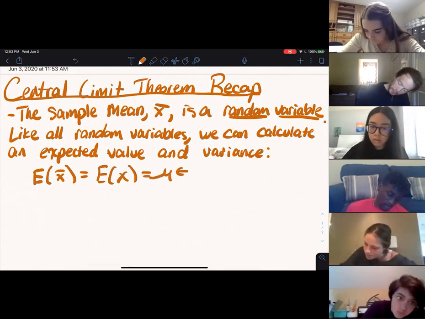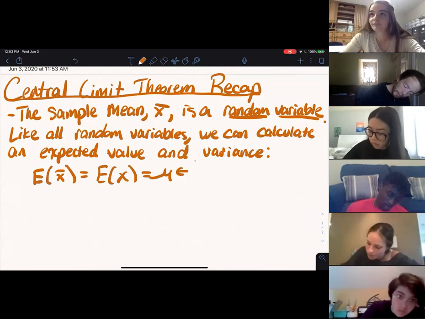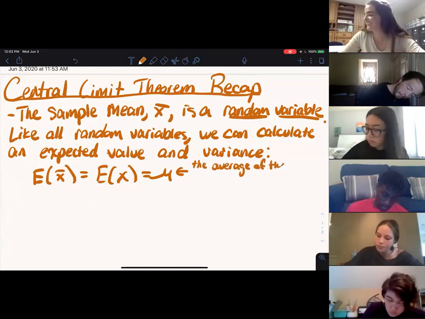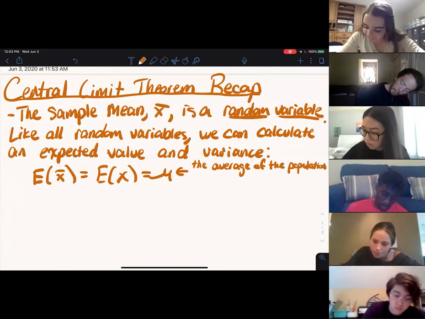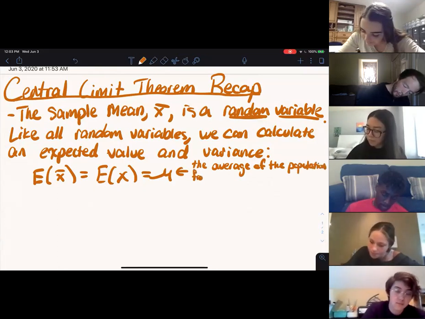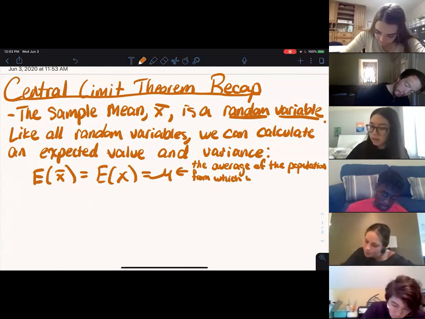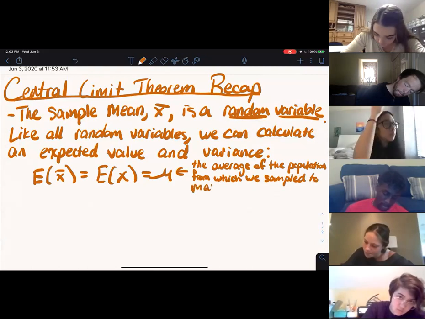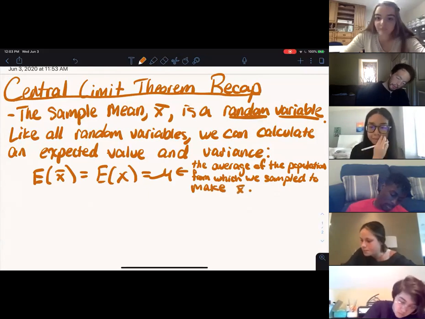Let's make this very clear. This is the average of the population from which we sampled to make x bar. So that's what that number is. And x bar is a random variable.